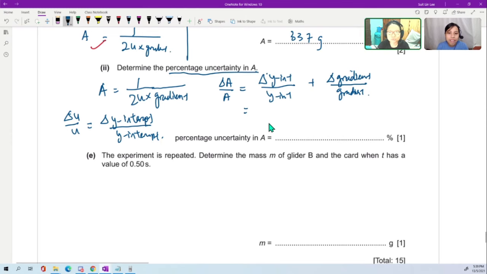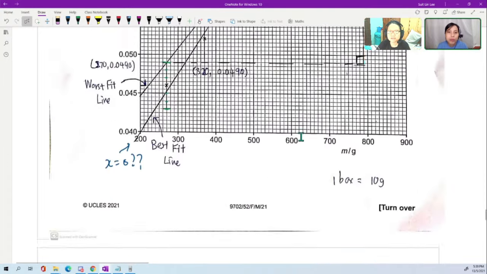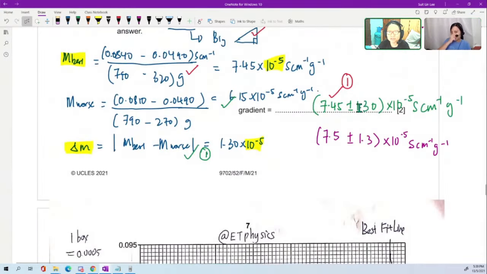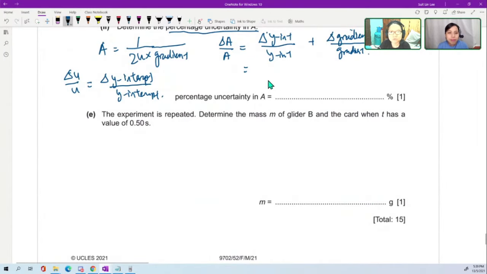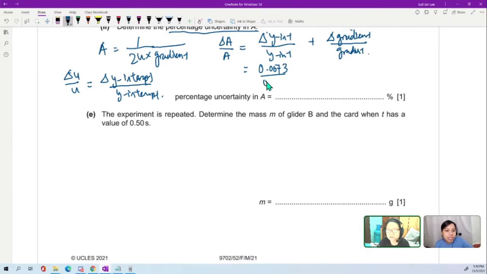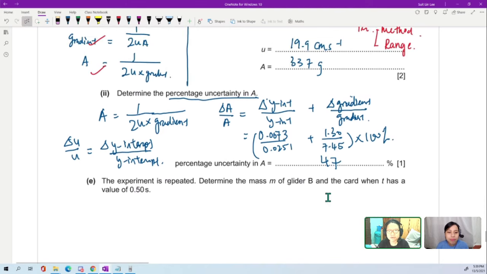So you flip back and take this divided by this value, plus whatever value you get, this divided by this. So that would be 0.0073 divided by 0.0251 plus 1.30 divided by 7.45, times 100%. So this is the percentage uncertainty in A. 47%. So pretty big.